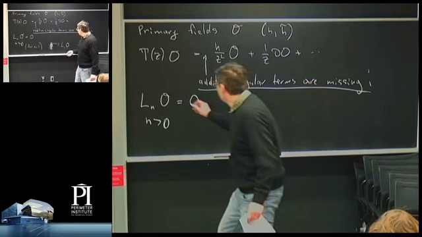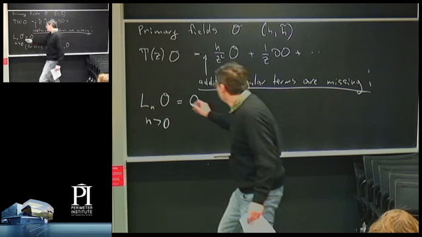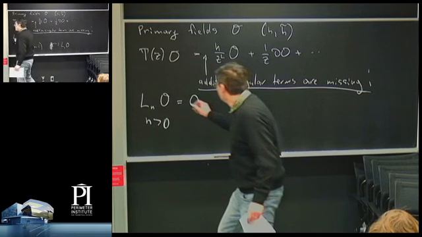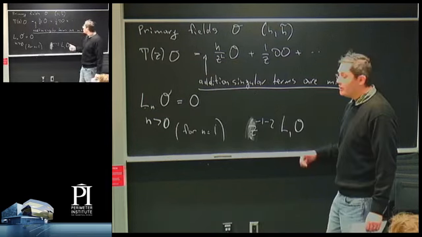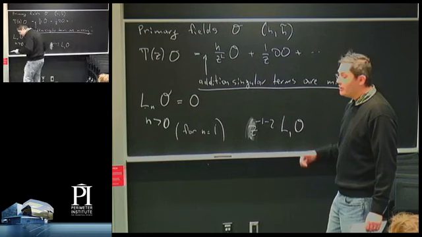If you start increasing n, you end up picking up a higher singularity and a higher order pole. And when we talk about the primary field, there is nothing there, which simply means that if I act with Ln of positive n on the local operator, and that local operator is a primary field, then it vanishes.